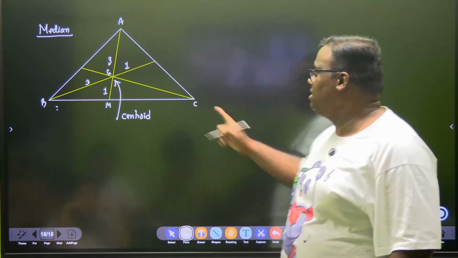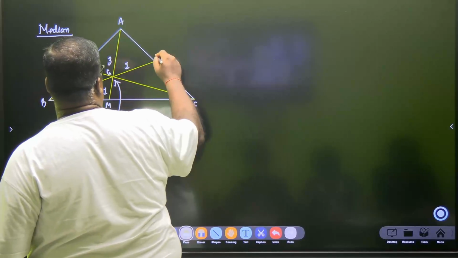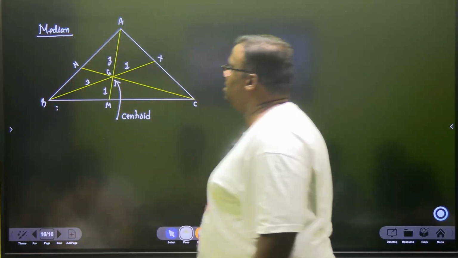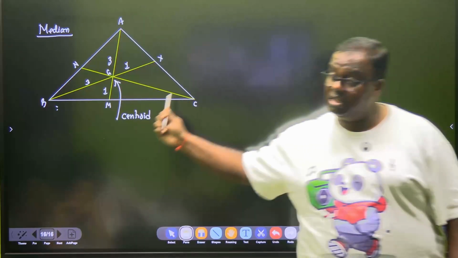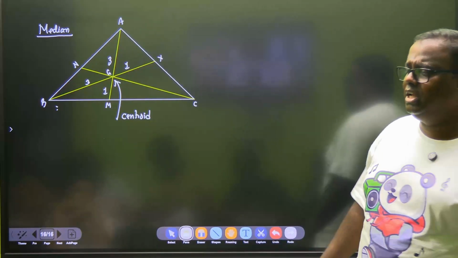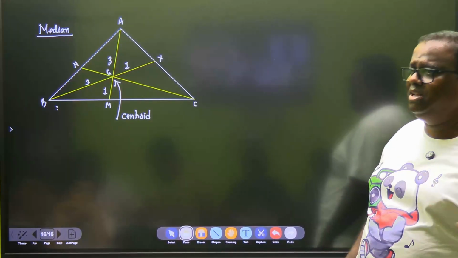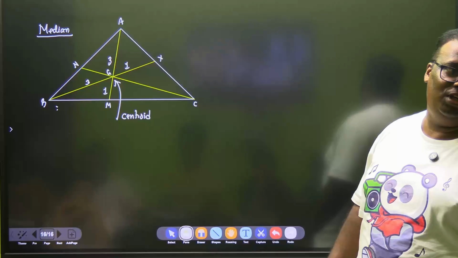G divides CN in the ratio of 1:3, and say this is X. G divides BX in the ratio of 1:3. So this can be a case study problem. They will say the medians of a triangle, and then you will start thinking, this is not in the chapter, sir, where did it come from? This is actually a section formula problem.